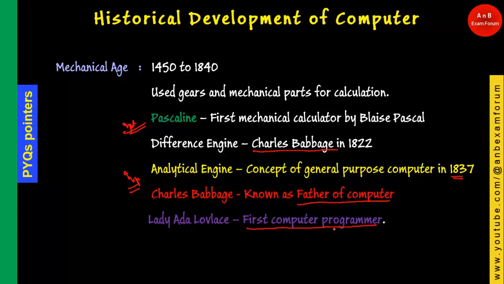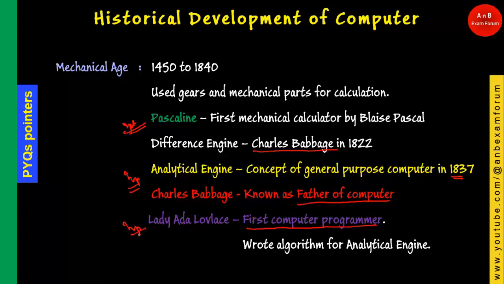Programs are used to write the procedure and algorithms, and she wrote the algorithm for the analytical engine that Charles Babbage had. And some people say that Lady Ada Lovelace was the student of Charles Babbage. So she is regarded as the first computer programmer. That question we have also seen in many exams.